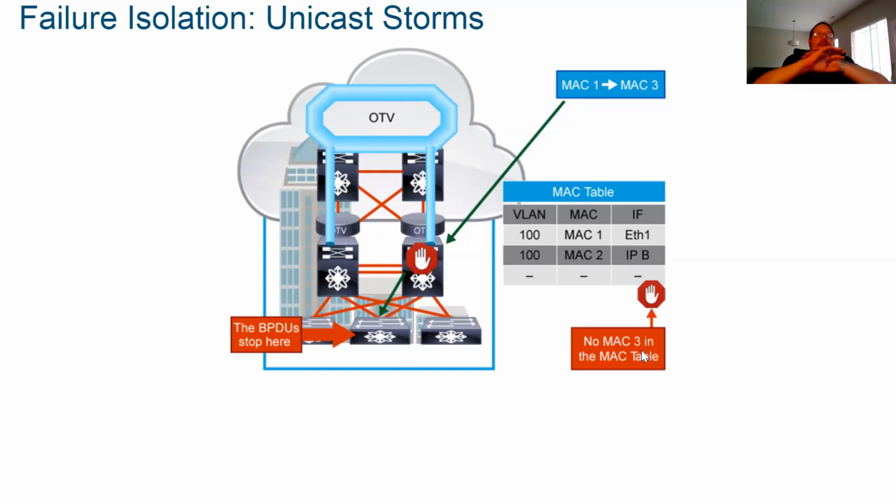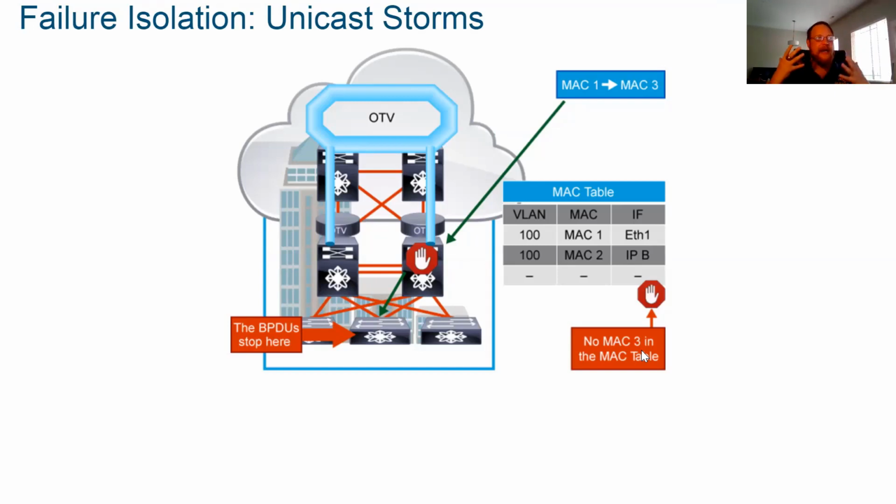So again, you don't have to do anything. This is enabled by default. If it does not find the destination inside of the OTV edge, it is assumed that that device is not in any data center anywhere. Now, that brings us, PJ, I know what you're thinking. I can hear it. You're going, yeah, but what about my DHCP servers whose MAC address times out of my MAC table?